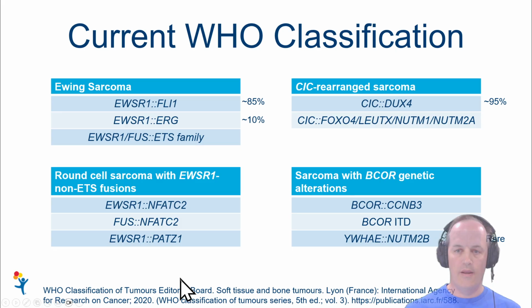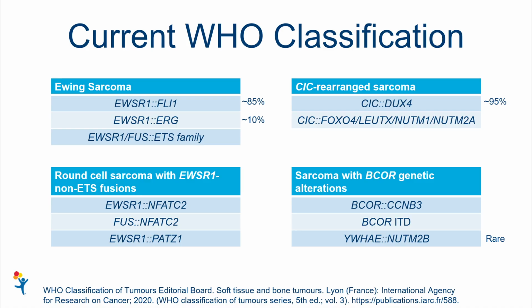The current WHO breaks these up into 4 groups. Ewing sarcoma, which is going to have an EWSR1-FLI1 translocation in the great majority of cases, about 85% of the time. And then another 10% of these cases are going to have an EWSR1-ERG fusion. That's going to give you about 95% of all Ewing sarcoma having one of those 2 fusions.